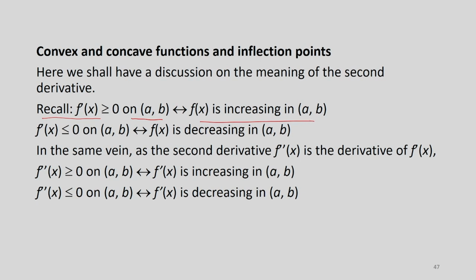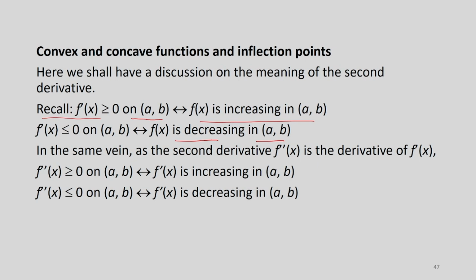This is weakly increasing in a to b. And on the other hand, f dash of x less than or equal to 0 in the same interval a to b is equivalent to f of x decreasing in a to b. Again, this is weakly decreasing.